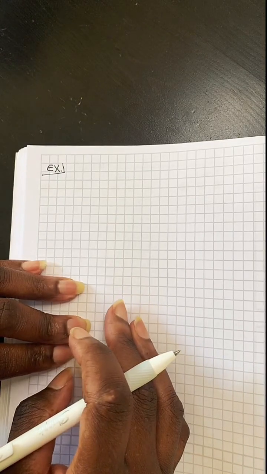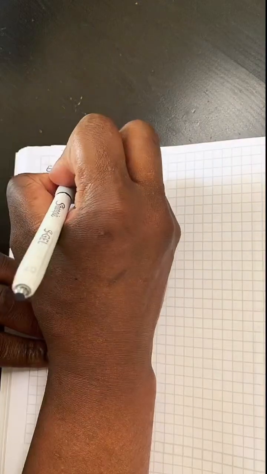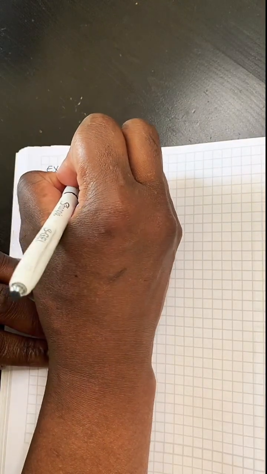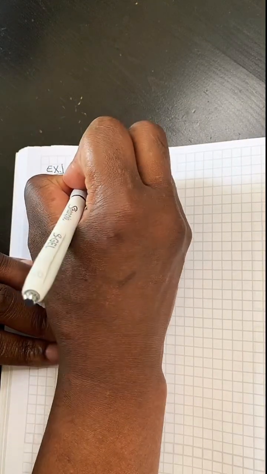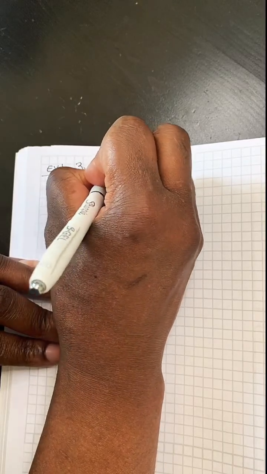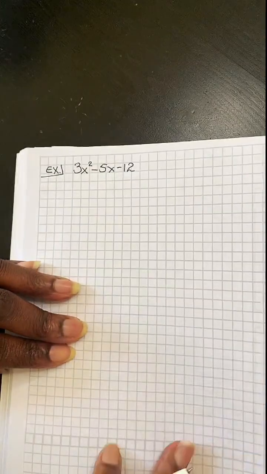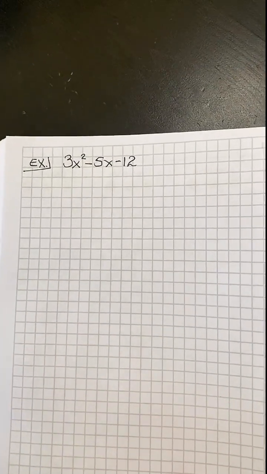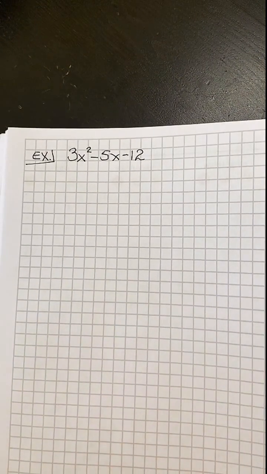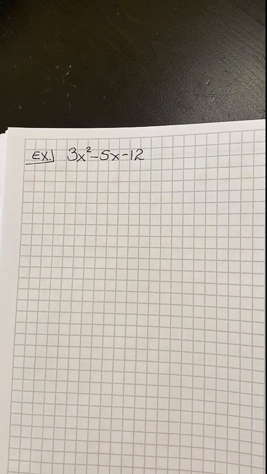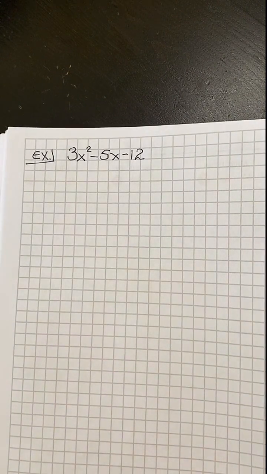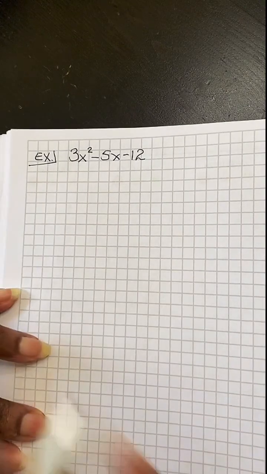So we have, let's say, 3x squared minus 5x minus 12. I'm going to zoom in just a little bit. Everyone take a breather. We got this. Taking it step by step.